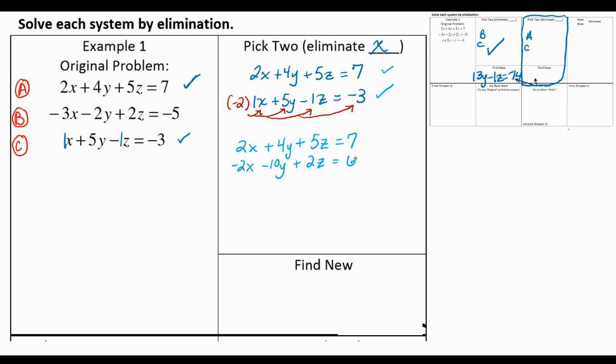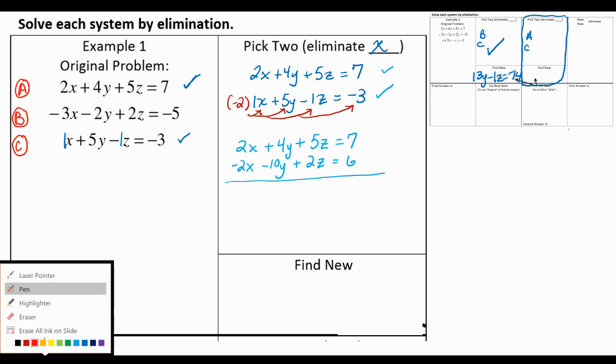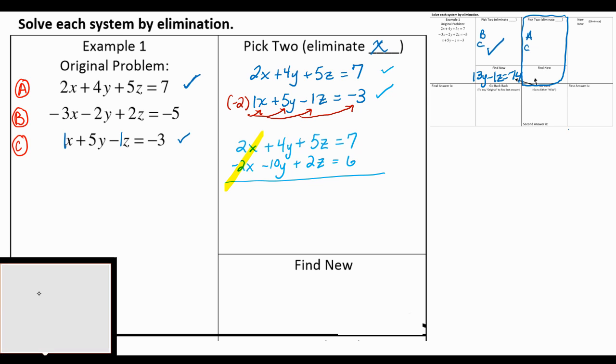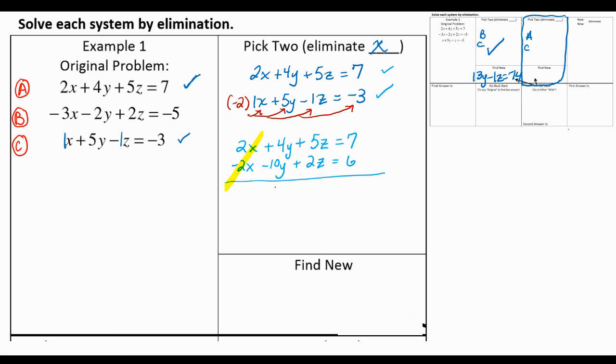Then I'm going to double check, -2, -10, +2, +6, and then I'll check on the top, make sure I brought it down, and then we'll just go ahead and eliminate. 2x minus 2x would cancel to 0, which is good. That's what we wanted. And 4y minus 10y is -6y. 5 and 2 is 7z's. And 7 and 6 is 13.